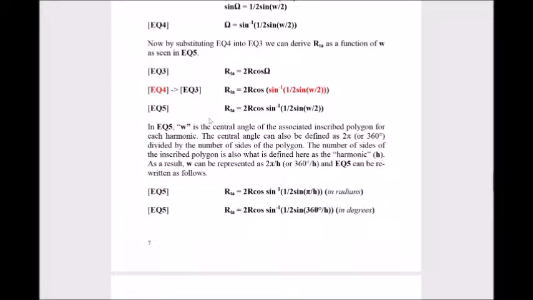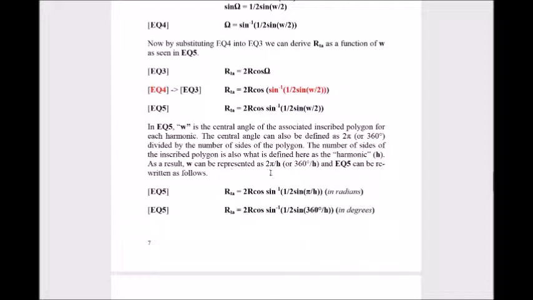Now, to make things a little bit more specific to a harmonic instead of a central angle, we can just rewrite equation 5 by knowing that the central angle can also be defined as 2 pi radians, or 360 degrees, divided by the number of sides of the polygon. And we know that the number of sides of the inscribed polygon is also what defines the harmonic, h in this case.